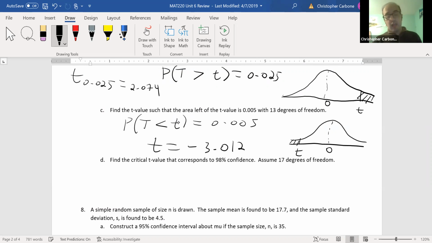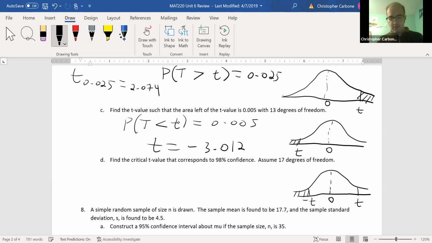So negative 3.012. And then for the critical value that corresponds to 98% confidence with 17 degrees of freedom. Here is 0, 98% confidence. We have a positive t-score here, negative t-score here.